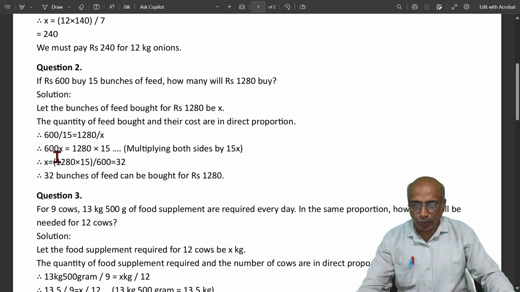Cross multiply, you will get 600 into x equals 1280 into 15. x equals 1280 into 15 divided by 600. 0s cut and then simplify it. You will get 32. So 32 bunches of feed can be bought for rupees 1280.